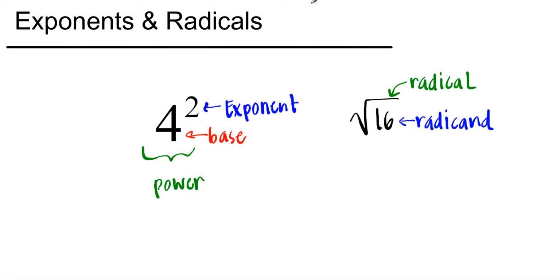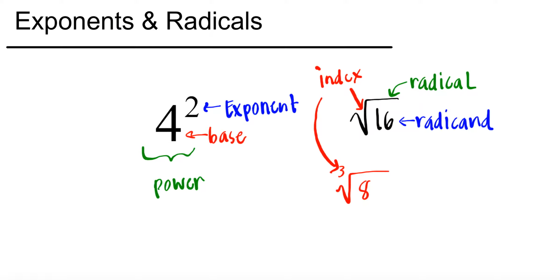And this is a square root, so you don't see the 2 there, but that number that goes there is called the index. So for instance, a better example to show index might be the cube root of 8. 3 is the index.